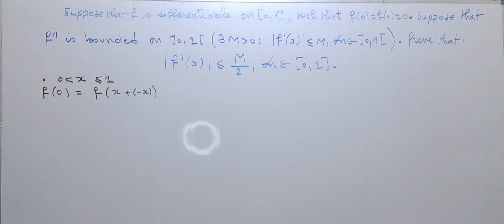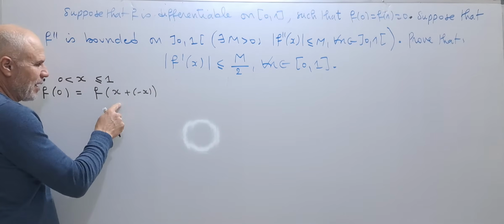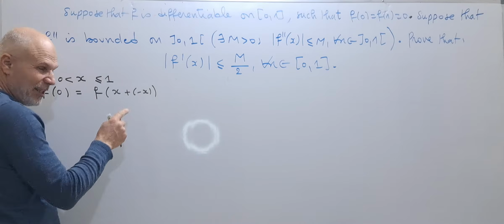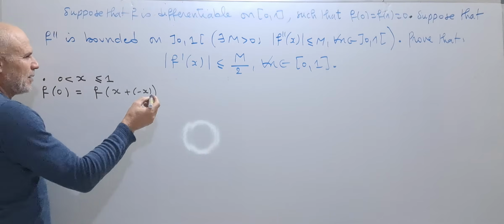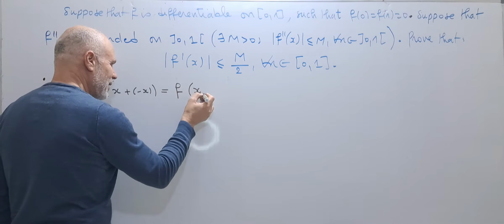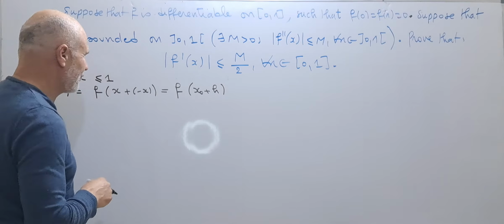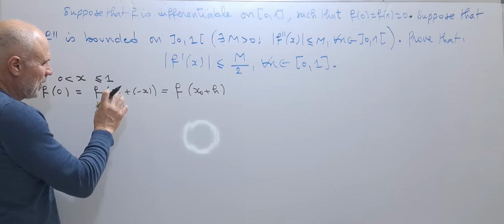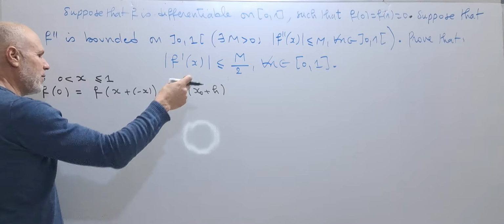Using Taylor expansion, we consider x as x0 and minus x as h. So the variable h, we can write this as x0 plus h, just to understand and to be confident about what we are doing next.